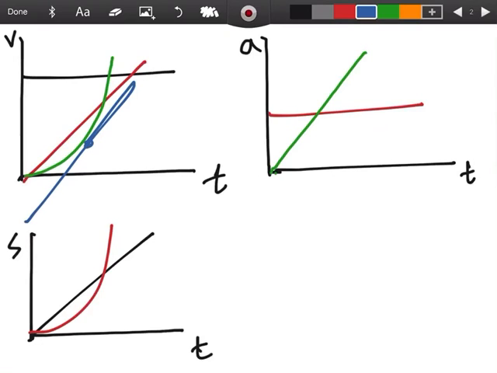So the line tangent here, let's just say it's tangent, I know it's not, but we'd find out the gradient at this point, and that would give us the acceleration at that point. Okay? Now to find out the gradient at this specific point, we would be finding out the instantaneous acceleration.